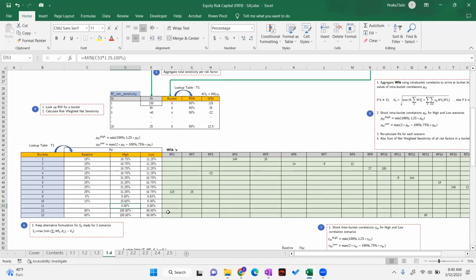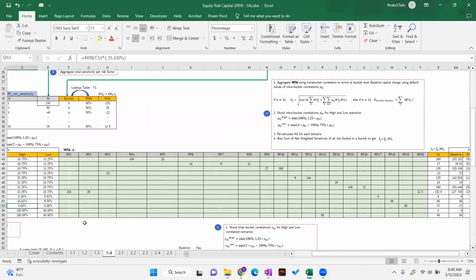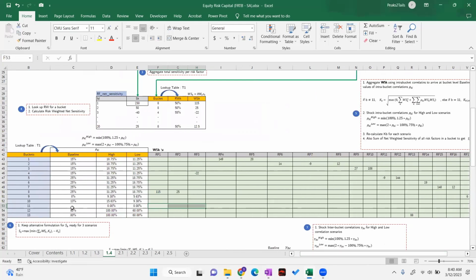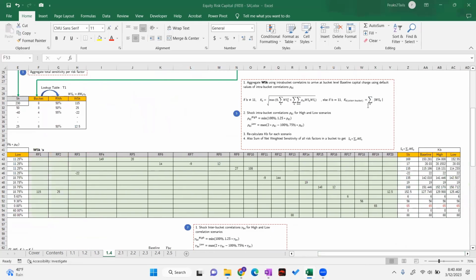Okay. So the calculation of KB is really easy. All you need to do is take the absolute sum of this entire row, bucket 11. Absolute value of this plus absolute value of this plus absolute value of this, that will give you the result. There is only one entry, 65, but you can calculate.